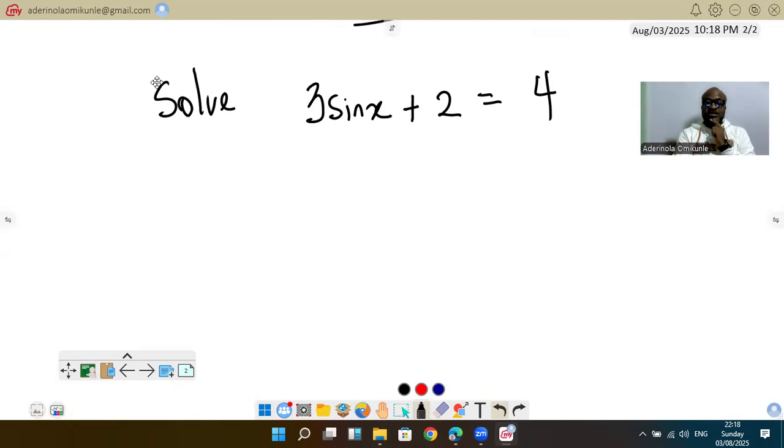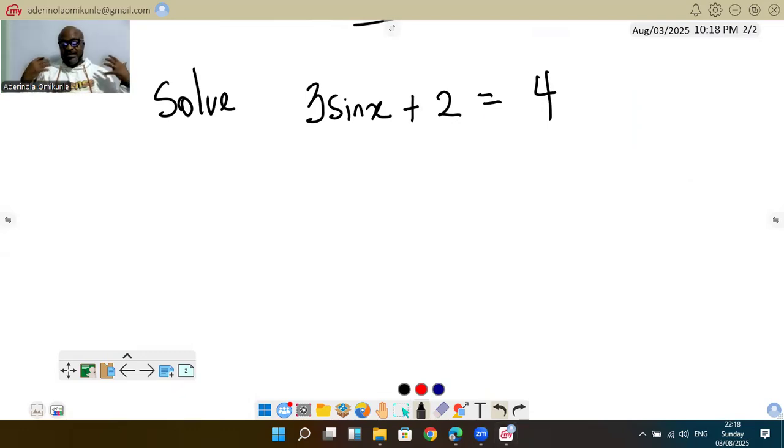What the examiner will usually do is give you a range in which your angle exists. Sometimes it's between 0 and 90, but most of the time it's between 0 and 360 degrees.